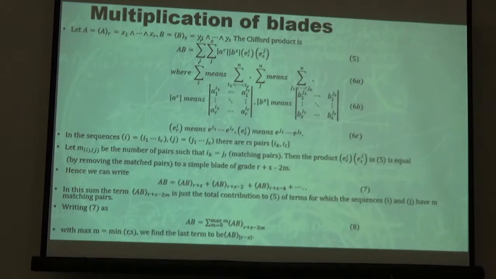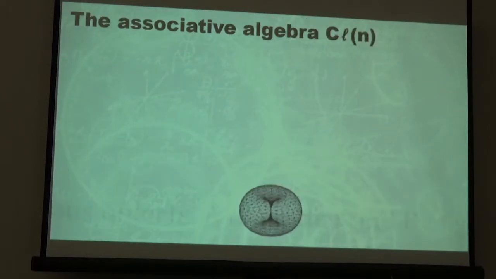So, for example, when we have m matching pairs, that will be the minimum of R and S. The reason is that if R is less than S, at most we can only have R matching pairs. So the last term must be as follows.